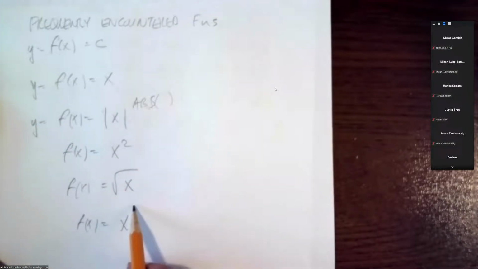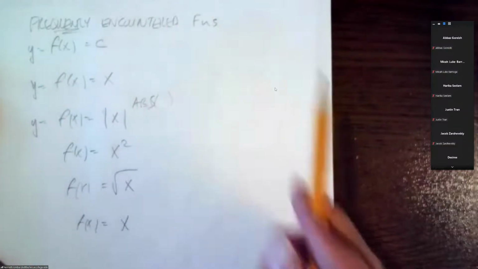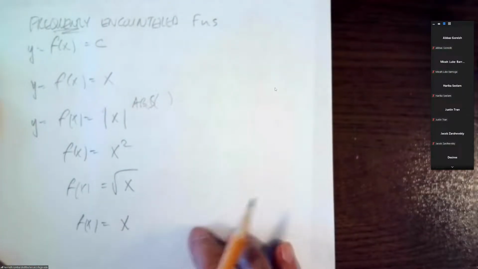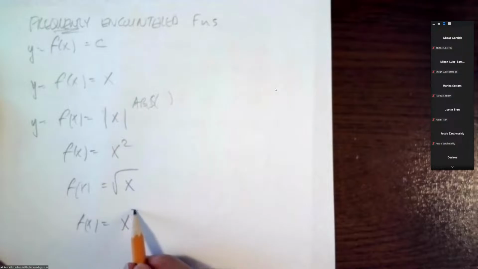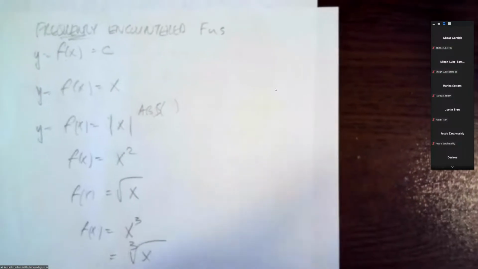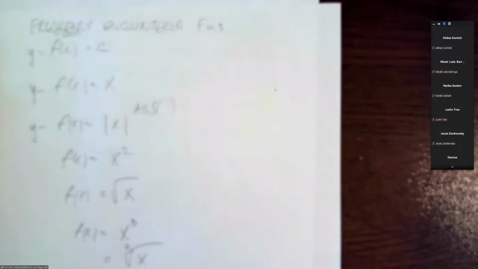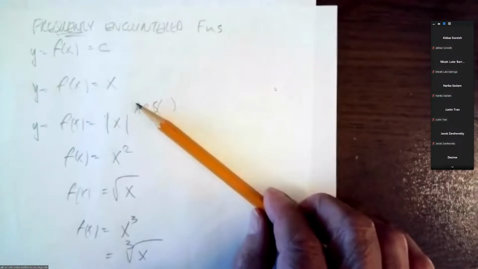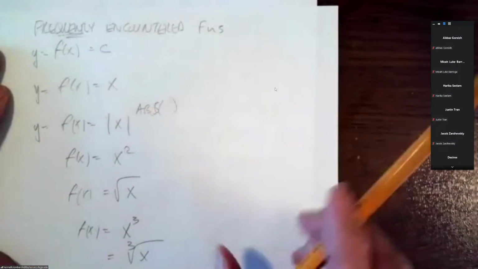Lastly, we might have, in terms of the frequently encountered, an x cubed and a cube root of x. So these are what are commonly called the frequently encountered functions. Let's see if I can focus this a little bit better here for you. Everybody see that okay?